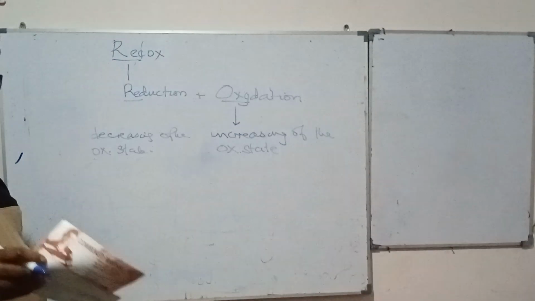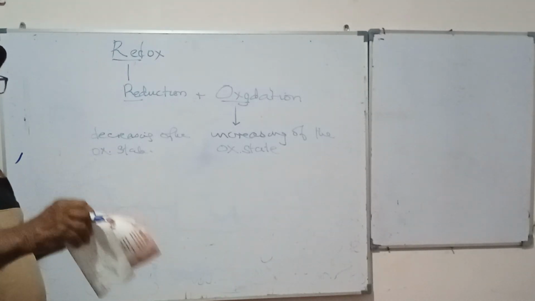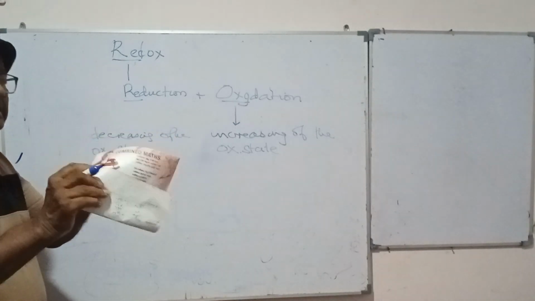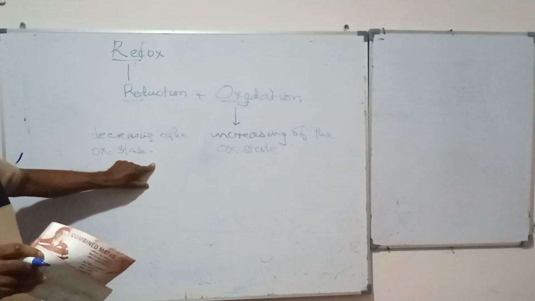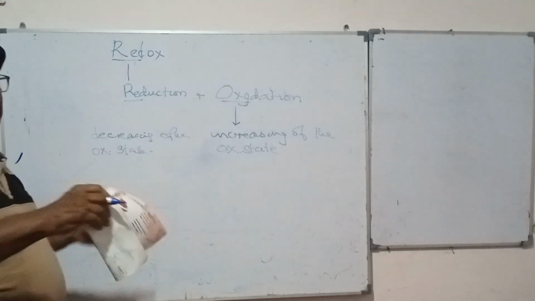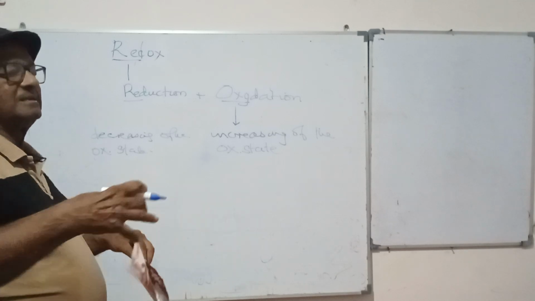Why do we call them half reactions? Half means half of the total. One is the total reaction. The total reaction always occurs with two reactants, right?